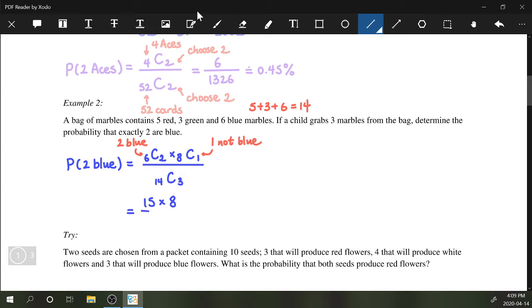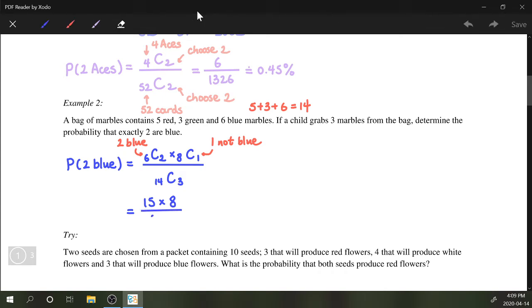And we will divide it by 14 choose 3, which is 364. So once again, you can just simply divide those, and you'll get just under a third. So this would be 32.97%. Okay.